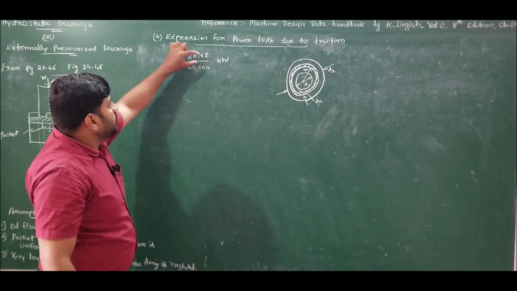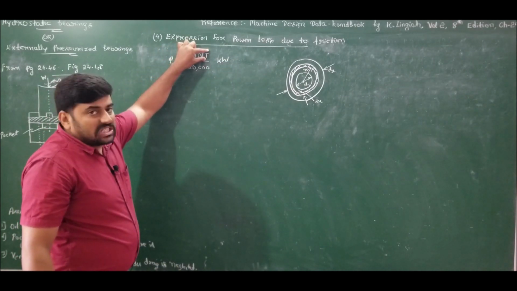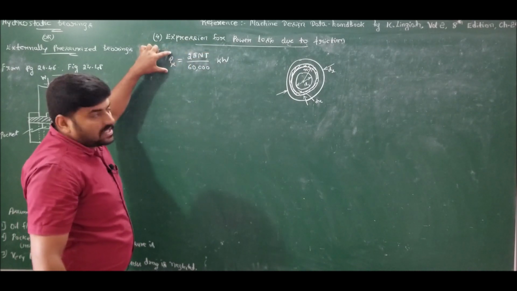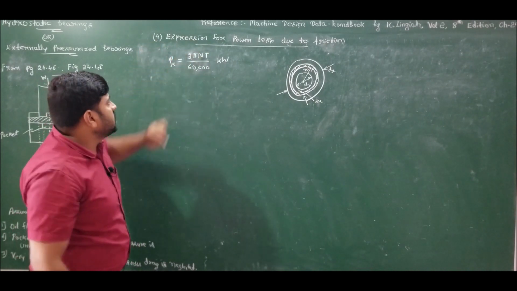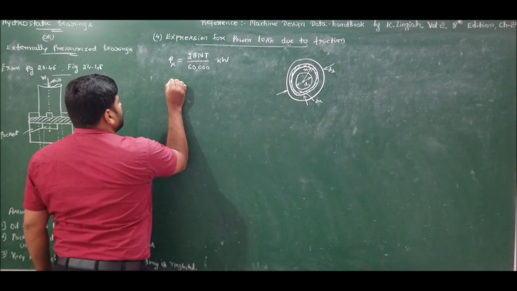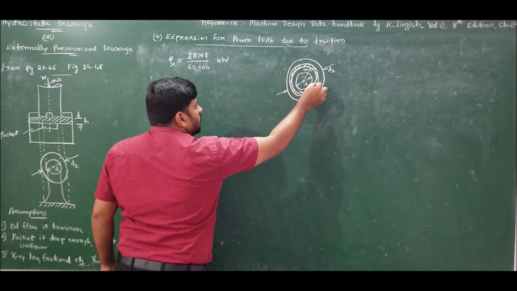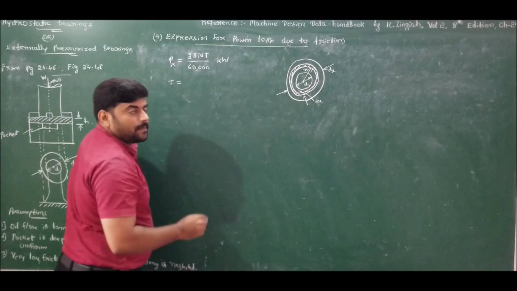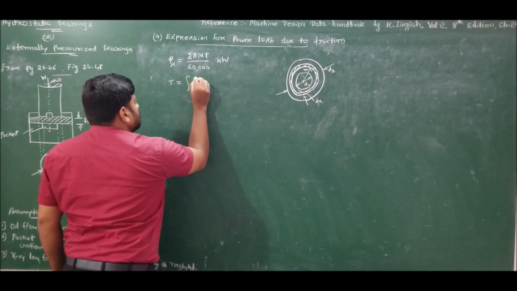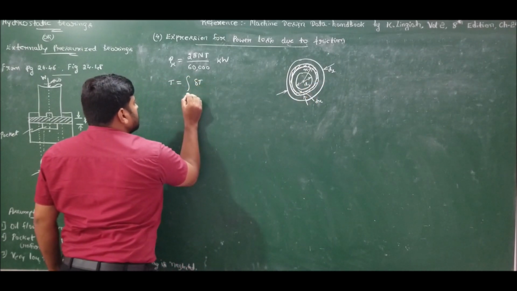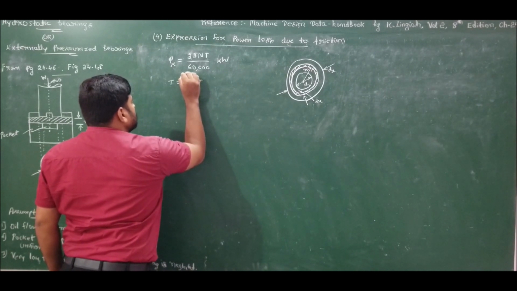Now if I find the value of frictional torque, then I can find the frictional power loss. Frictional torque can be computed as the elemental torque integrated from R1 to R2. So elemental torque delta T integrated from R1 to R2.